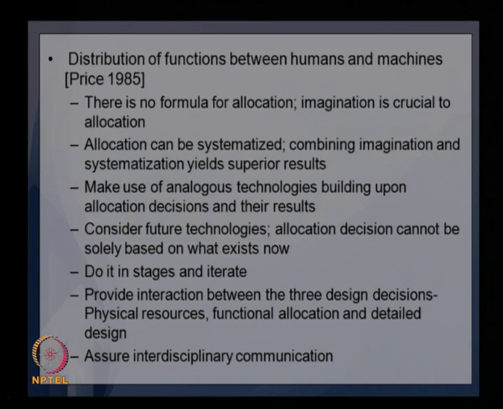Another way of doing it is to make use of analogous technologies, building upon allocation decisions and their results. Analogous technologies are technologies existing in other places or other systems. You look at those technologies or systems analogous to the present one and build upon them for the allocation of functions, looking at the decisions and the results in those analogous technologies.